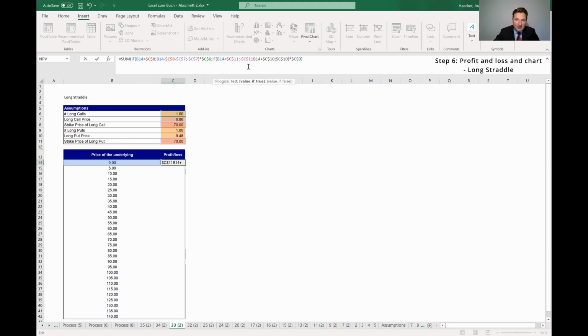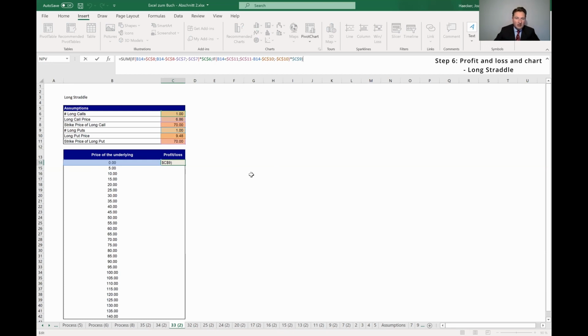Strike comes first, not minus strike, but plus strike. Then we subtract the share price in 1 year, and because we are long, we don't get the premium, but we pay for the premium. The rest stays the same. So this is our formula.